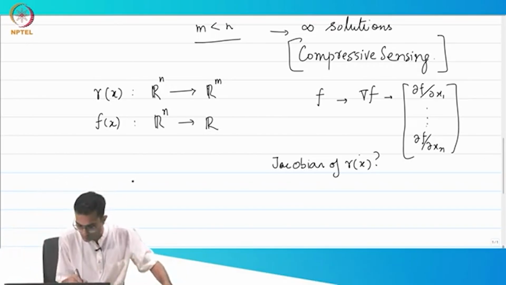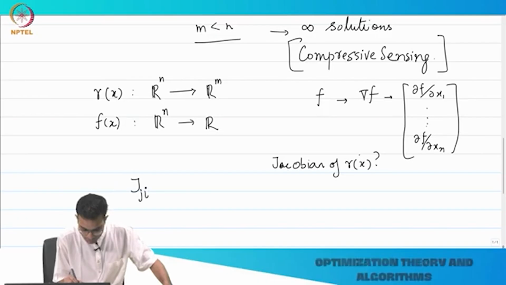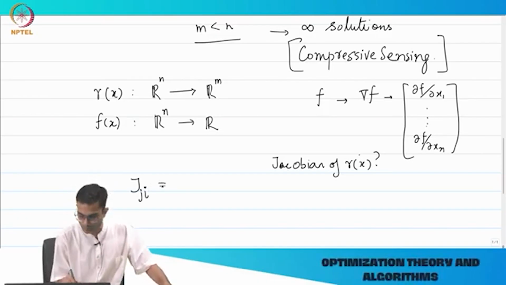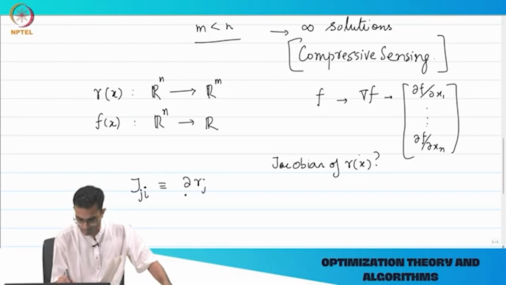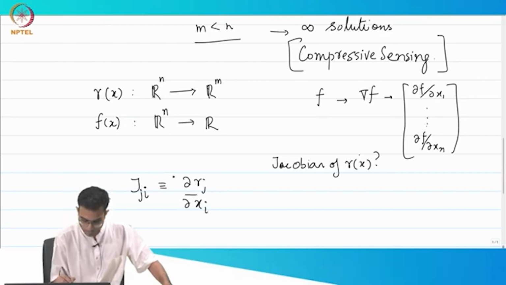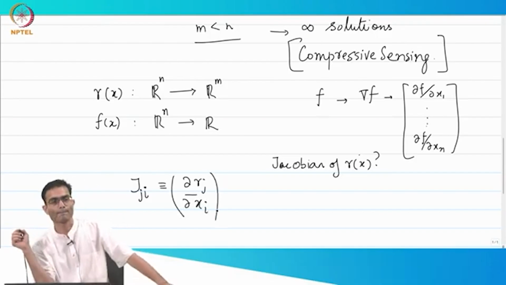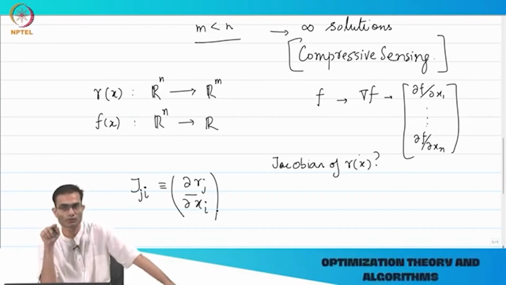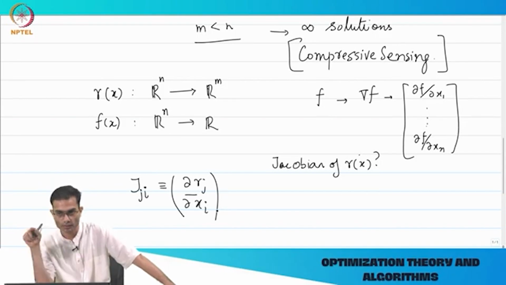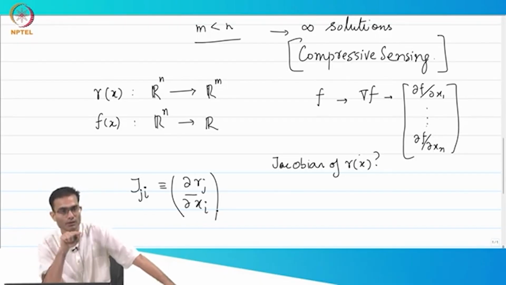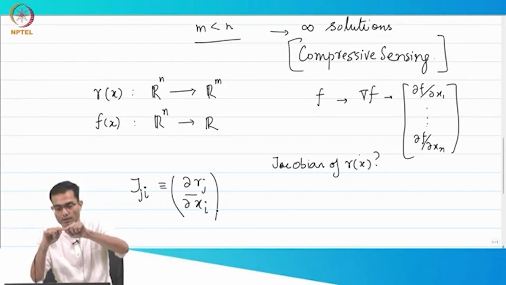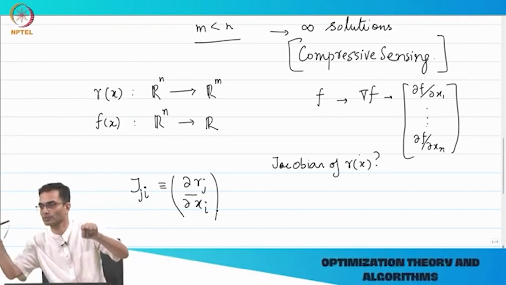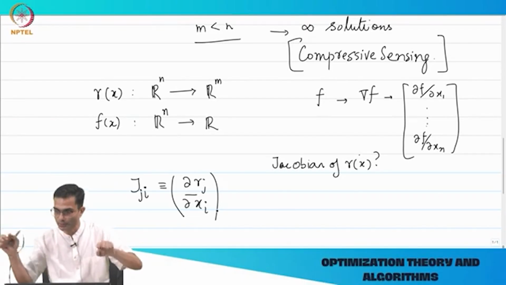So let's write it down now. So J_ji: j is the row, i is the column, right? If I'm keeping the row number fixed and changing the columns, I'm getting grad r1 as one row, grad r2 as another row.